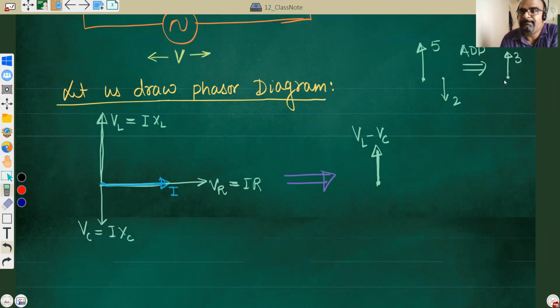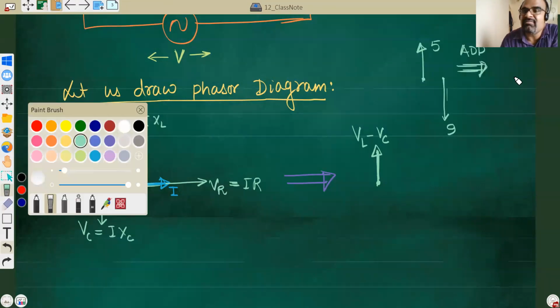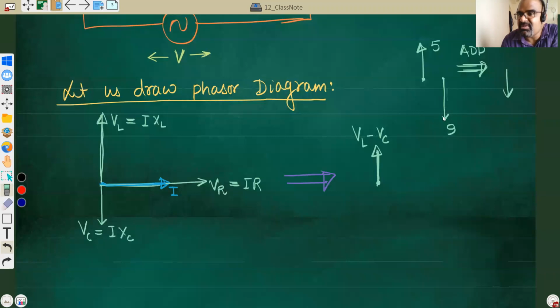However, suppose this vector was, let's say, 9 in the downward direction and 5 in the upward direction, and we are adding, so the resultant will be downward because this is bigger, and of course it will be 4. The point I am emphasizing is that we are not subtracting the vectors, we are adding them, and still you are getting 4.